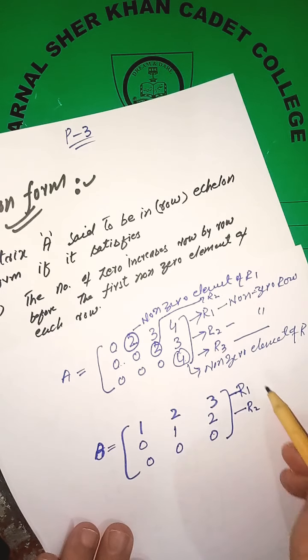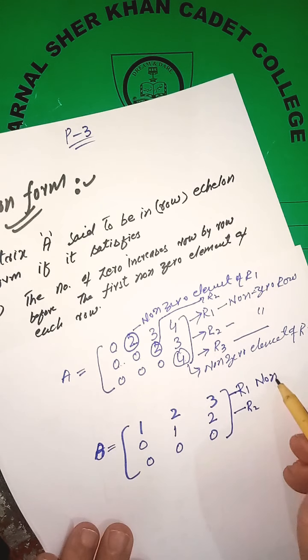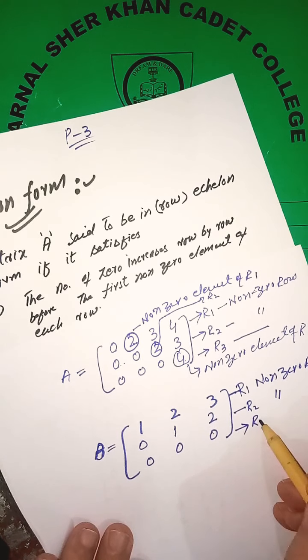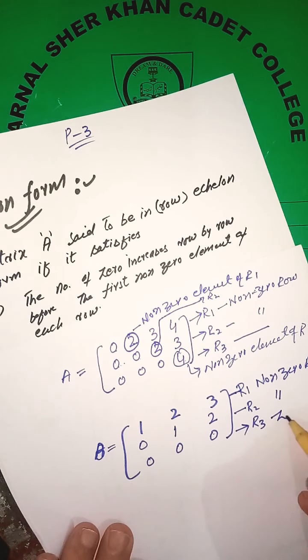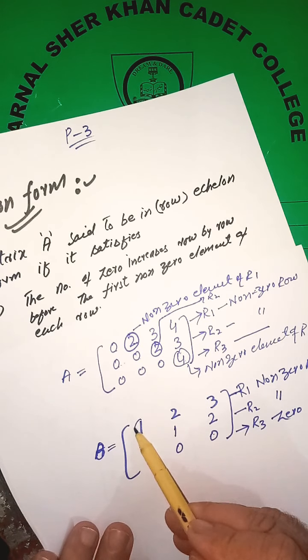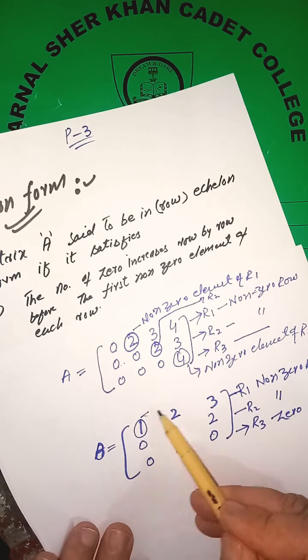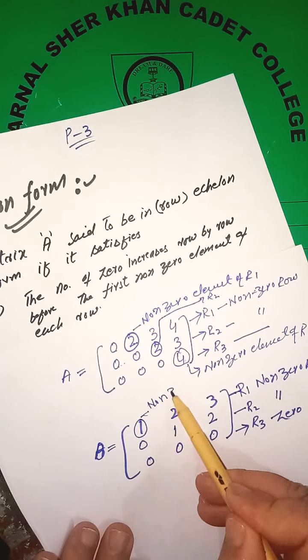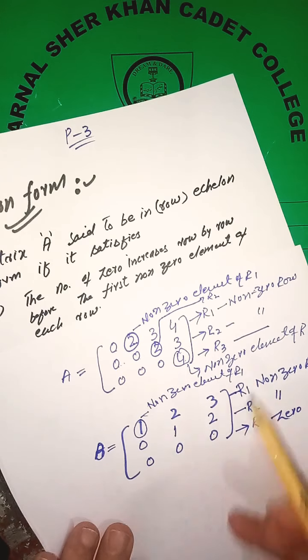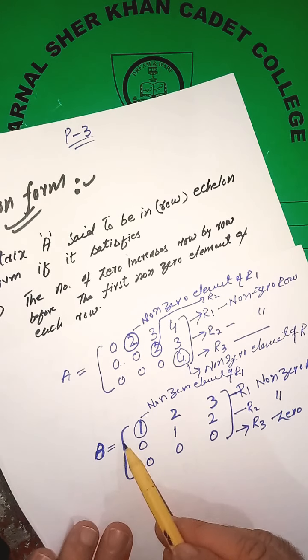R2 is also a non-zero row. And R3, where all elements are 0, is a zero row. That is the non-zero element of the first row, and there is no 0 before that element.